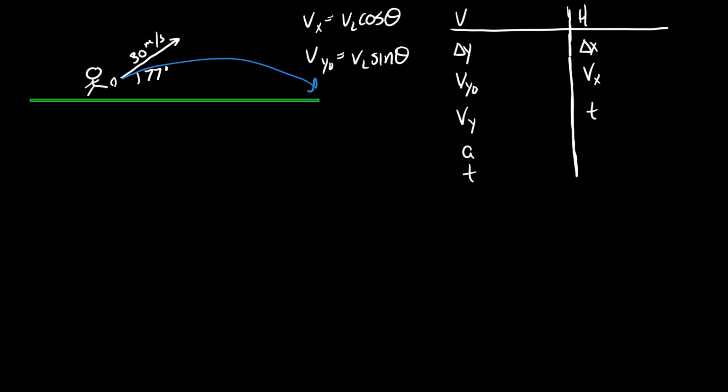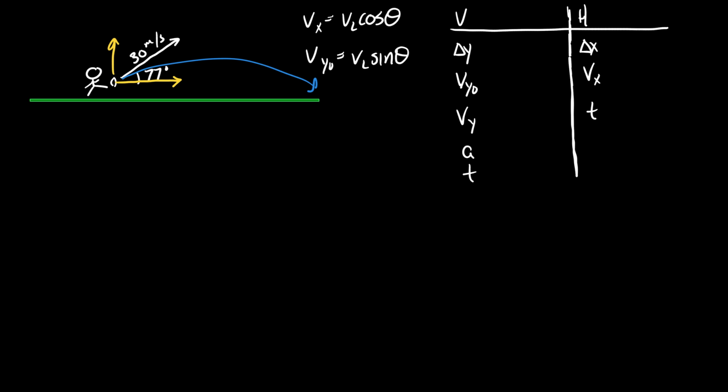Like we talked about the other day, this object is launched so that it has both a horizontal component and a vertical component, right? It's launched with both.